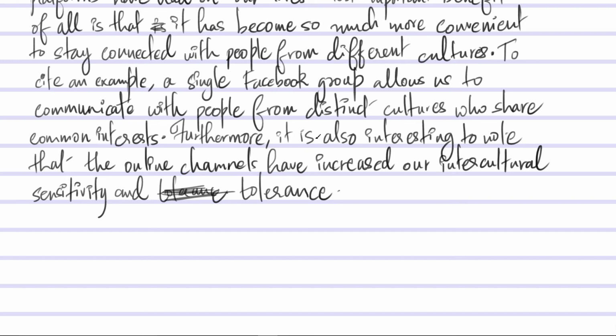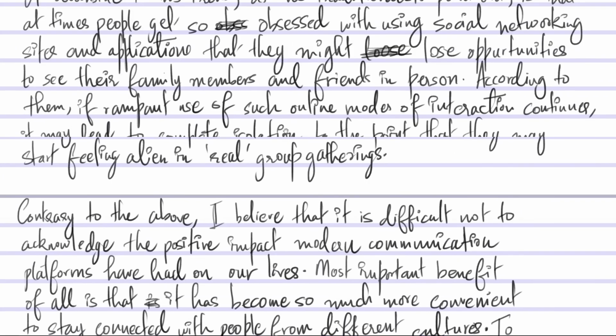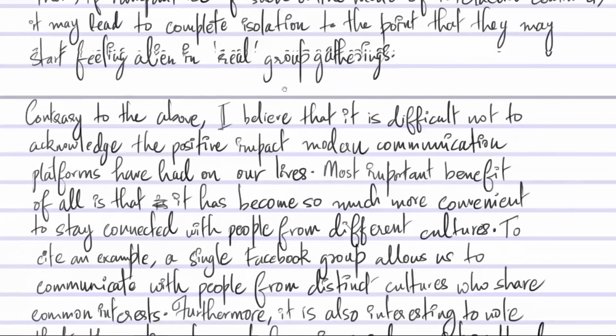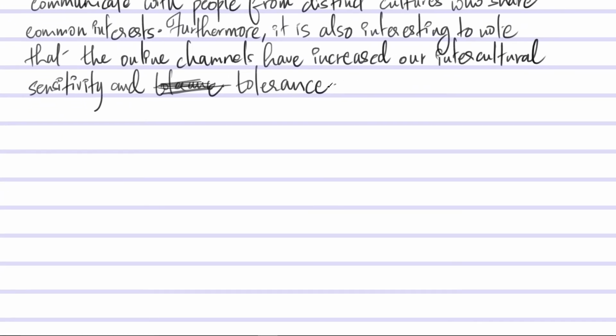So the understanding that we have of different cultures has also increased. And I think a nice end to this paragraph would be using an example of a survey.